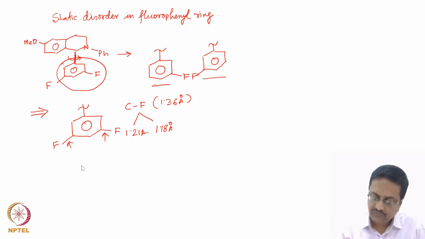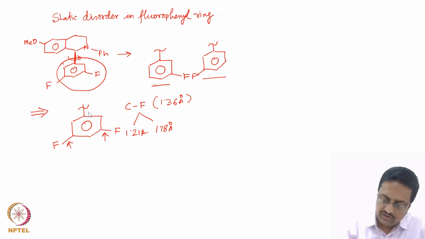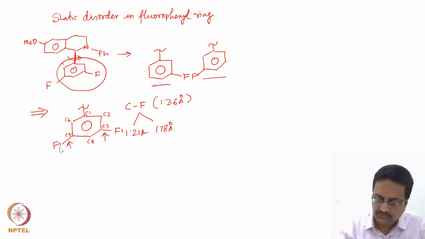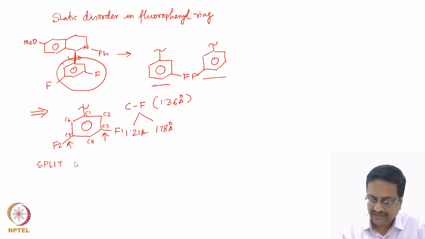If I name those atoms C1, C2, C3, C4, C5, C6 and F1 and F2, what we should do is a SPLIT command on all the atoms C1, C2, C3, C4, C5 and C6 and press enter in OLEX2.